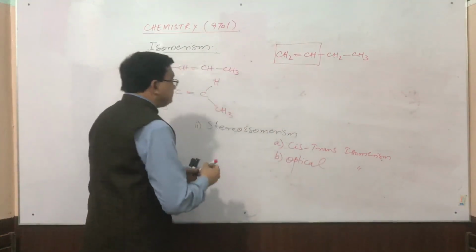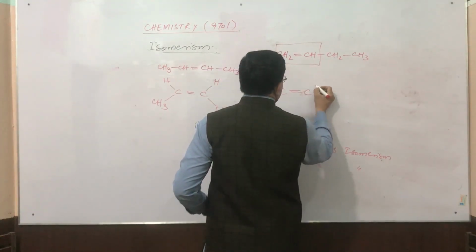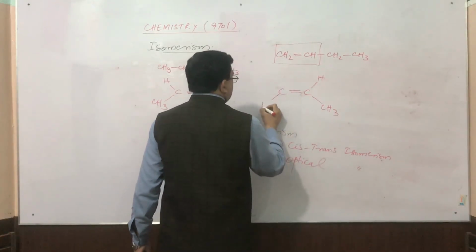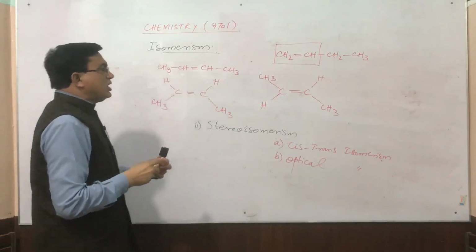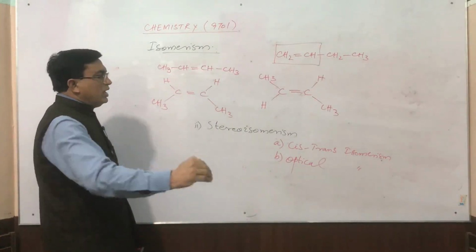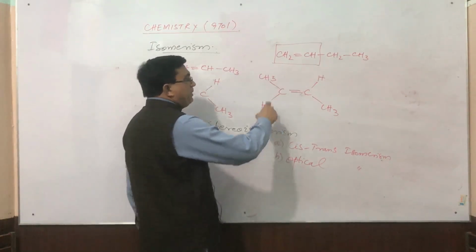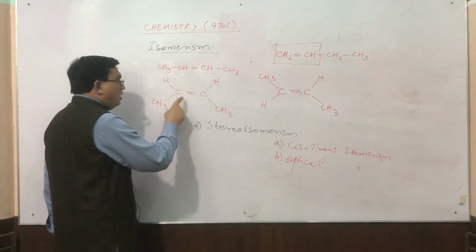Now, the arrangement of these can also be just like this. In cis-trans isomerism, we have to observe whether the groups are present diagonally or not.